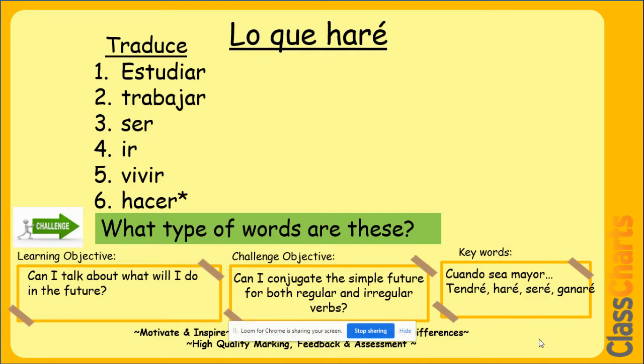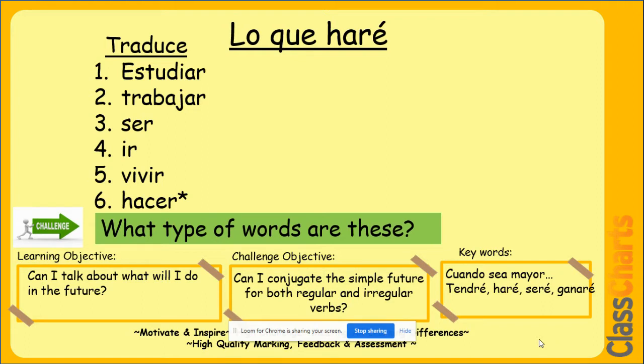So, first of all, I want you to look at those 6 words and tell me what type of words are these, okay? You have estudiar, trabajar, ser, ir, vivir, y hacer. Okay, I'm pretty sure that nearly everybody's guessed, but we are going to put the translations now, okay?